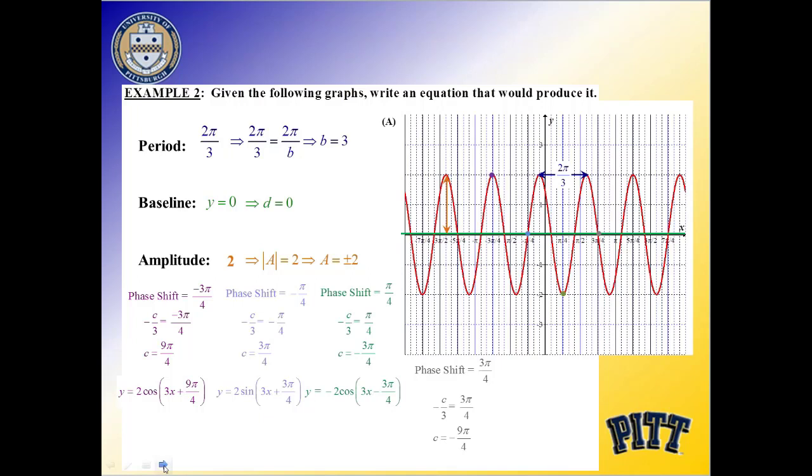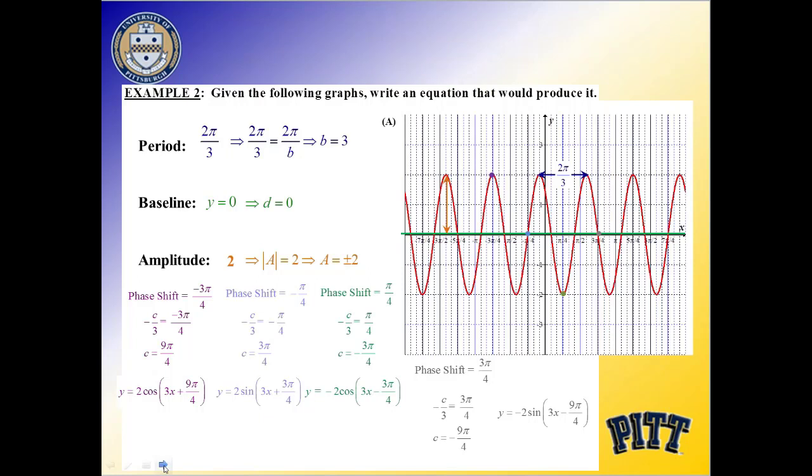But since I'm starting on the baseline, I'm going to be using a sine function. And since I'm starting there and moving down first, then up, whereas a sine function usually moves up, then down, and this is always going from left to right, mind you, I do have a reversal. So a is going to be negative 2, so another possible equation is y equals negative 2 times the sine of 3x minus 9 pi over 4.